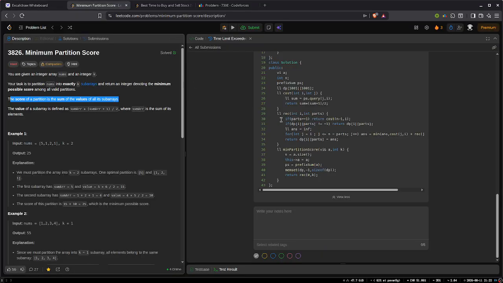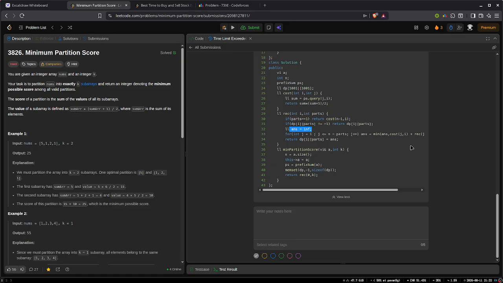Okay, so if parts is equal to 1, return cost of n minus 1. That means if there's a single part, you would return the complete prefix sum, cost of n minus 1. And in the DP check, answer equal to infinity, because we are minimizing the cost, and we need to pick some optimal j starting from i.